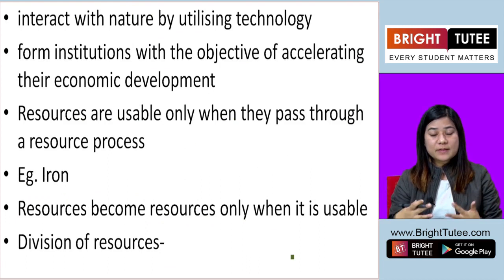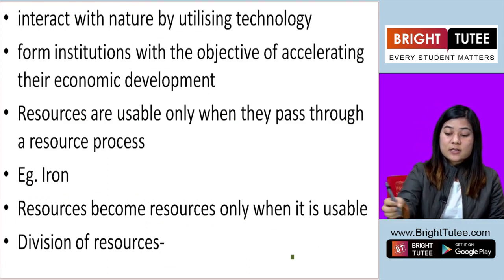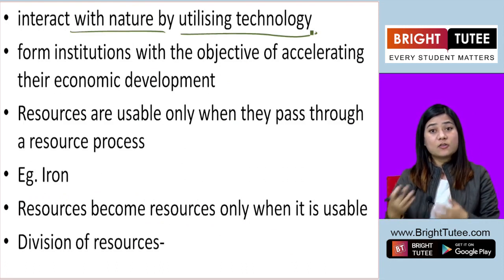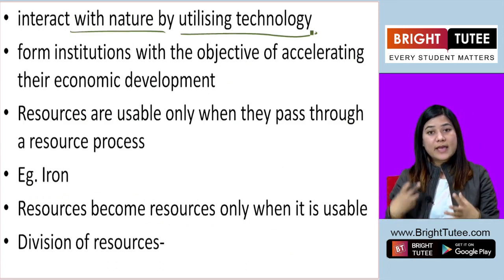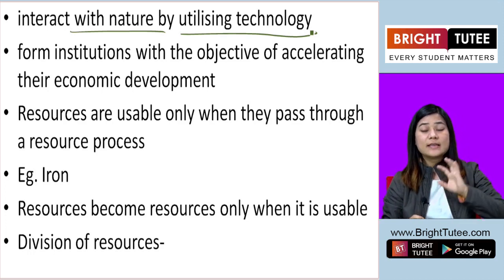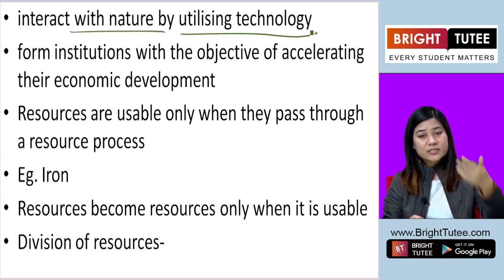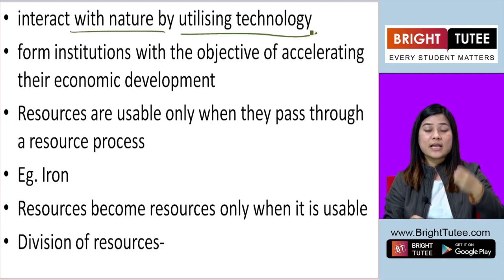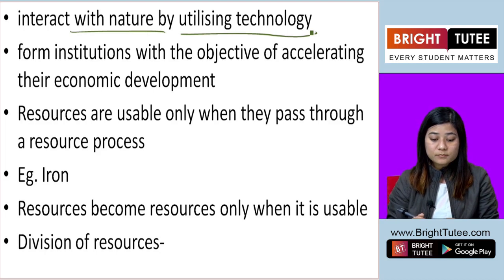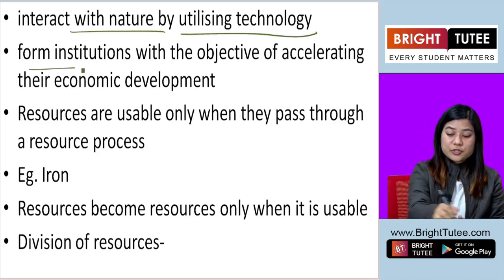So human beings interact with nature by utilizing technology. With the help of technology, they interact with nature, get the resources, and process the resources so that they are ready for use by the people. Okay, so they form institutions.